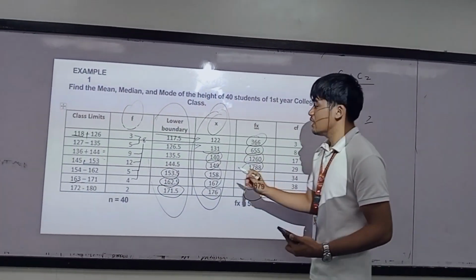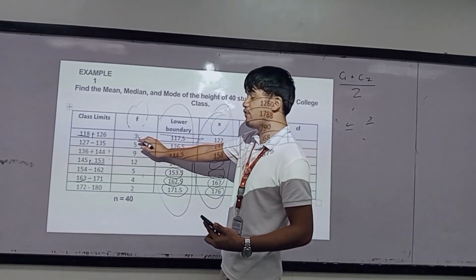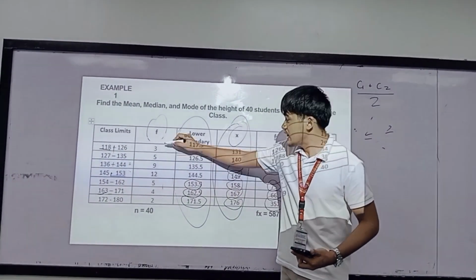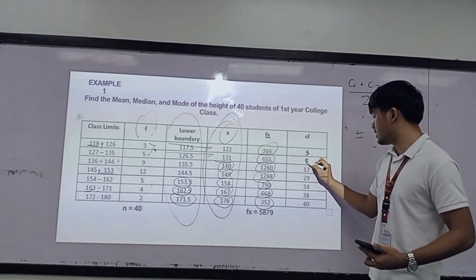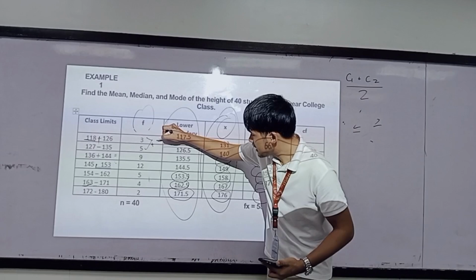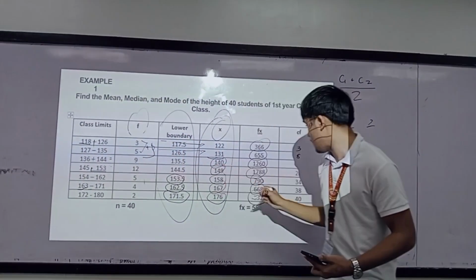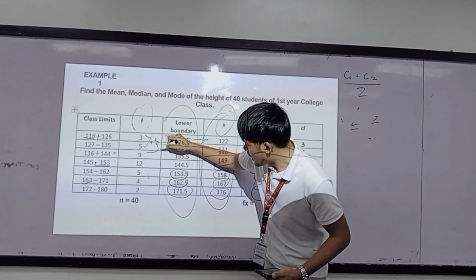So specifically, we will put the first value in here, so it is 3. And then 3 plus 5, then the answer is 8. And then after that, 8 plus 9 is equivalent to 17. So this is 17.